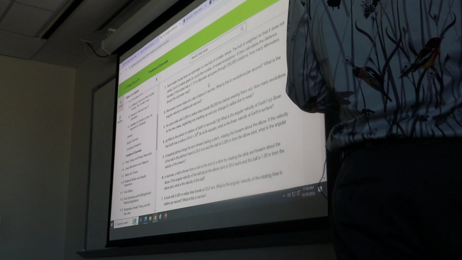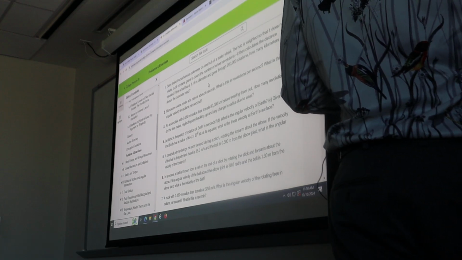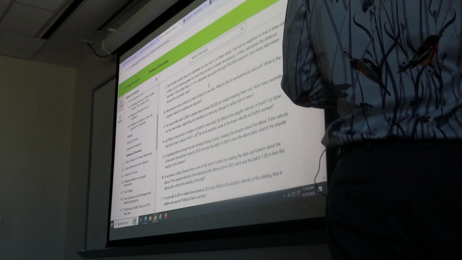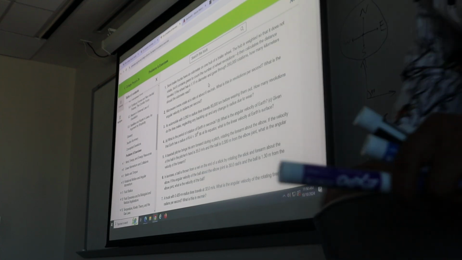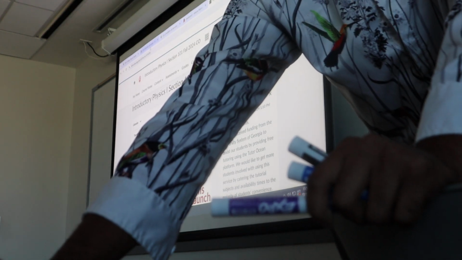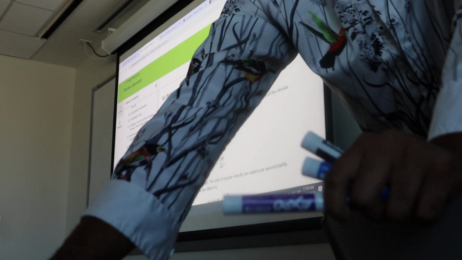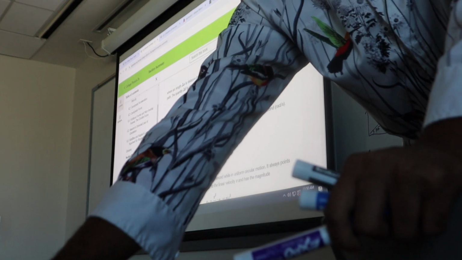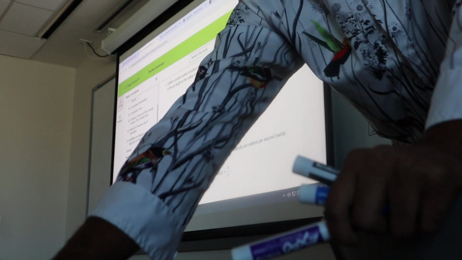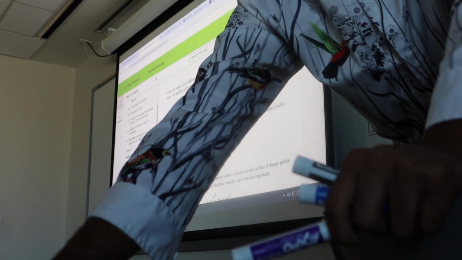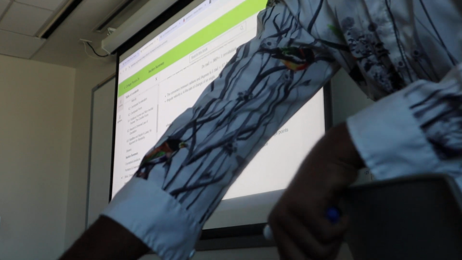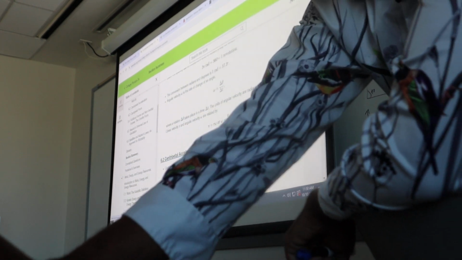So we have our angular velocity, v squared over r. Alright, let's check out our equation. So we want to get our distance.